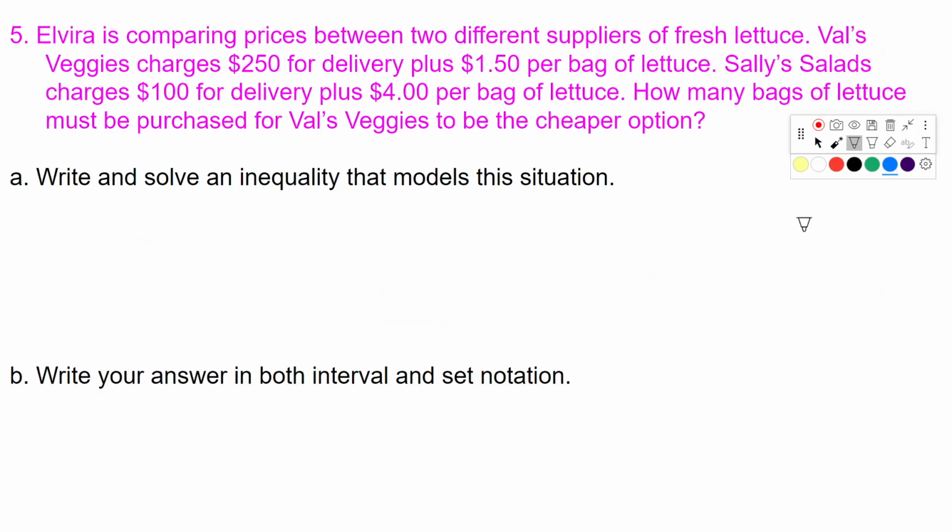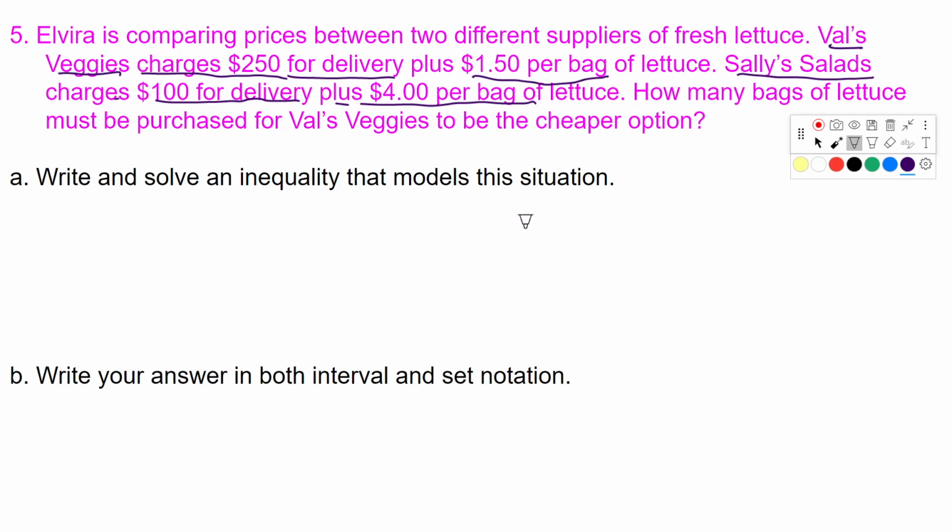Next example, we're comparing lettuce from two different suppliers. So we have Val's Veggies, charges $250 for delivery and $1.50 per bag. Sally's Salads charge $100 for delivery plus $4 per bag.